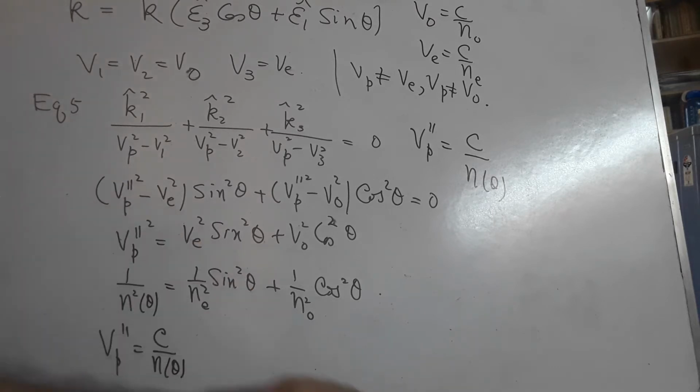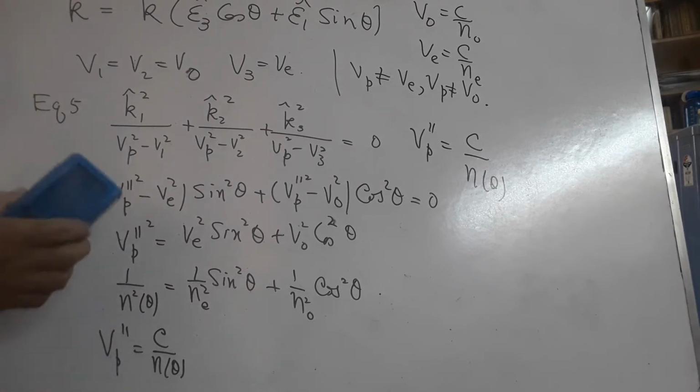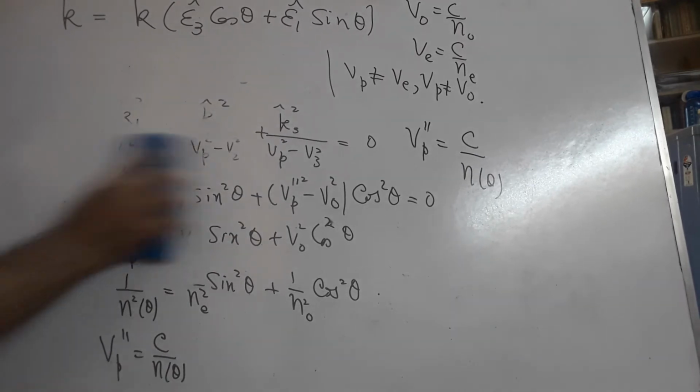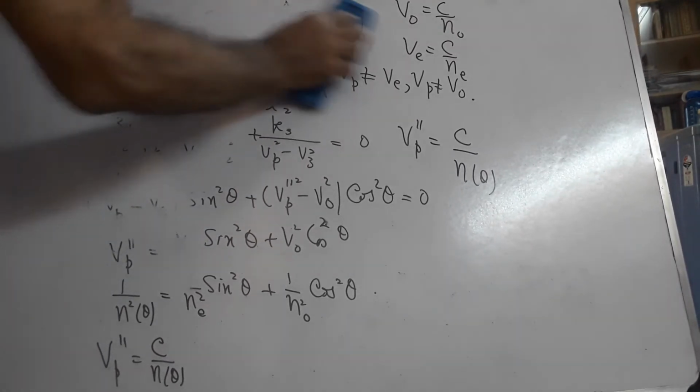Let's just write down some numerical values for Vo and Ve coming from No and Ne, so that you get a feel for what they are.